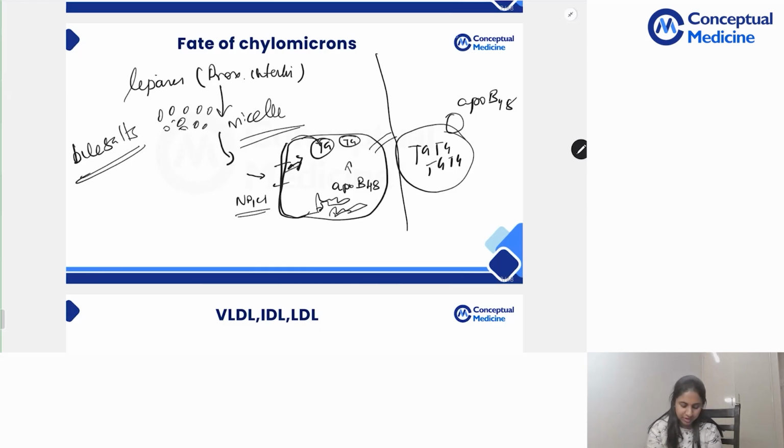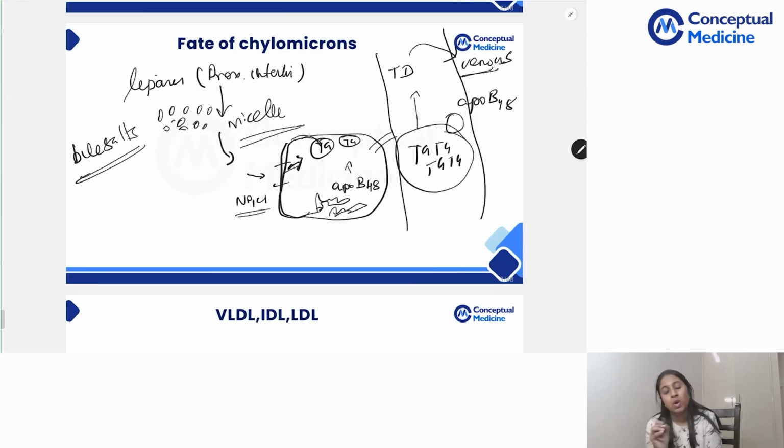So this is the lymphatic. From the lymphatics, all these chylomicrons, which are abundant in triglyceride and, to a certain extent, also have cholesterol and cholesterol esters, enter the thoracic duct, and finally they end up in the venous system.